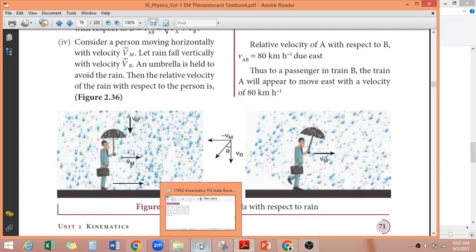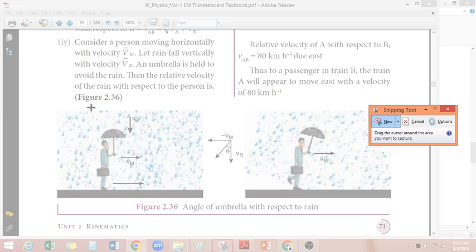There is a nice diagram shown here. Maybe I can copy this picture also.